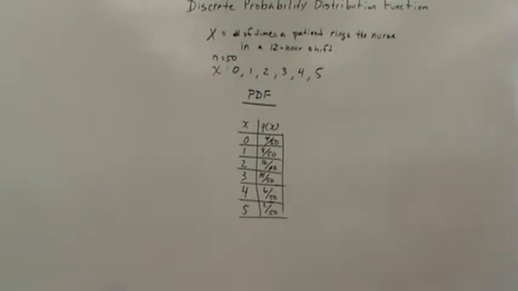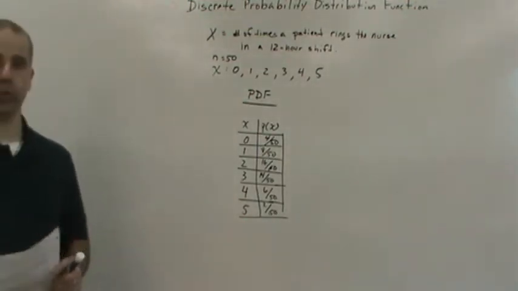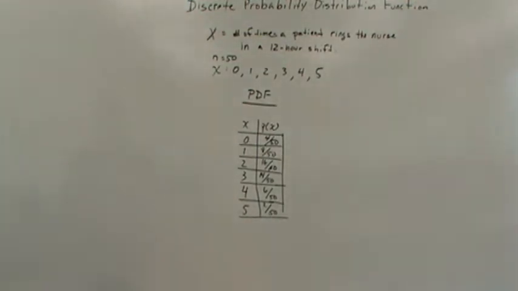So let's talk about, once we have a probability distribution, what now? It's one thing, just like we talked about before, to get a probability distribution. Now we're going to talk about calculating the mean, the variance, or the standard deviation of a probability distribution. It wouldn't surprise you that it's the same thing on the calculator that we did with finding the mean or standard deviation of a frequency distribution.